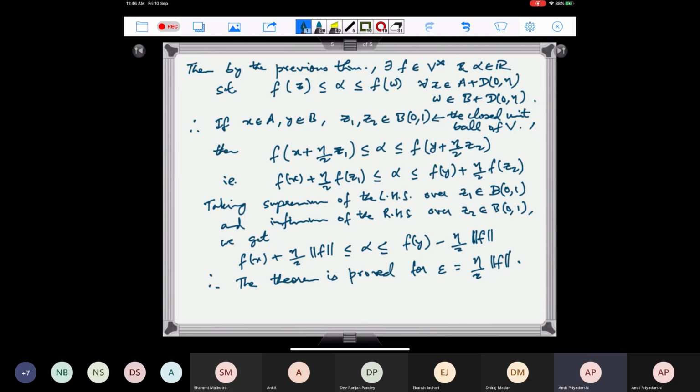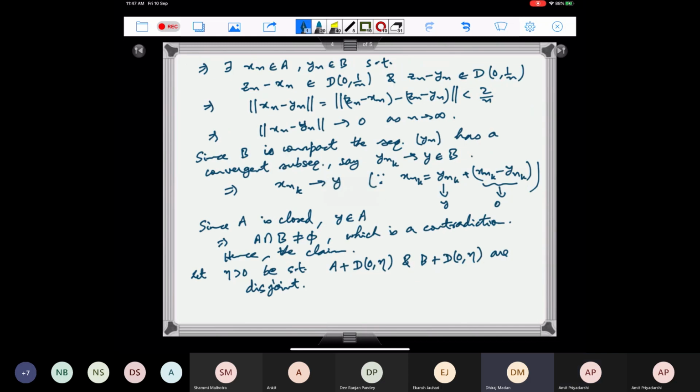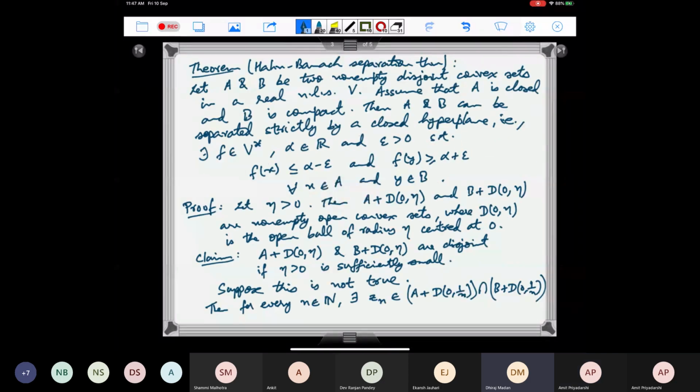So any doubts so far? No. So here we assume that one of the sets is compact and the other is closed to get this. For the claim you made, I actually had an alternate proof in mind. Here we are given that A is closed, so A complement is open.